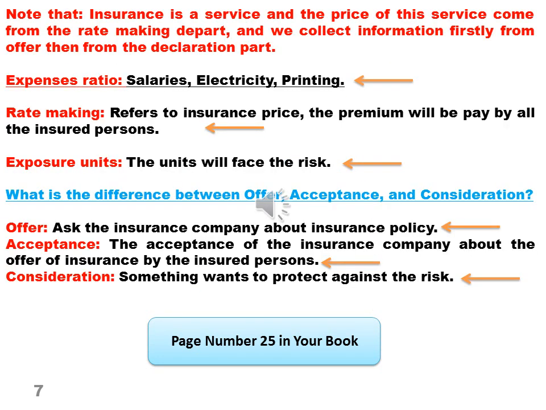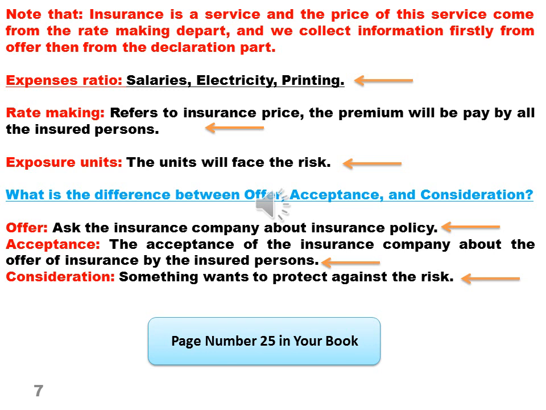Now, note that insurance is a service, and the price of this service comes from the rate making department. So the rate making department must determine the price of insurance.